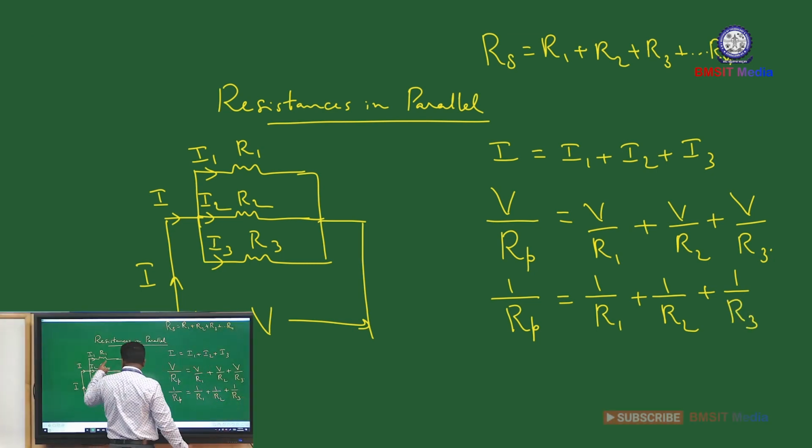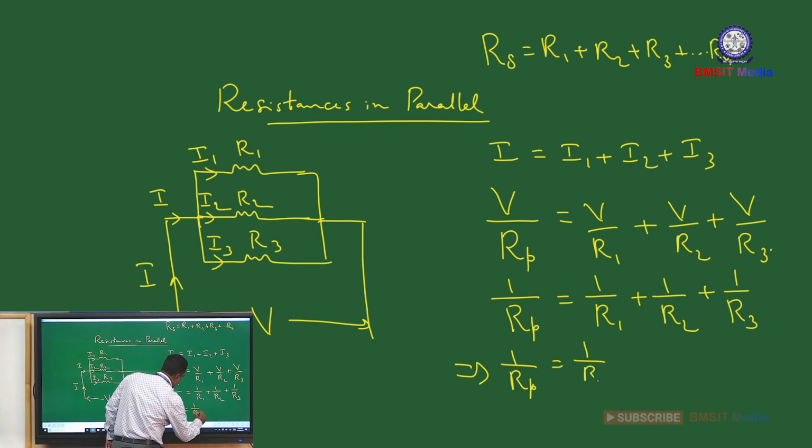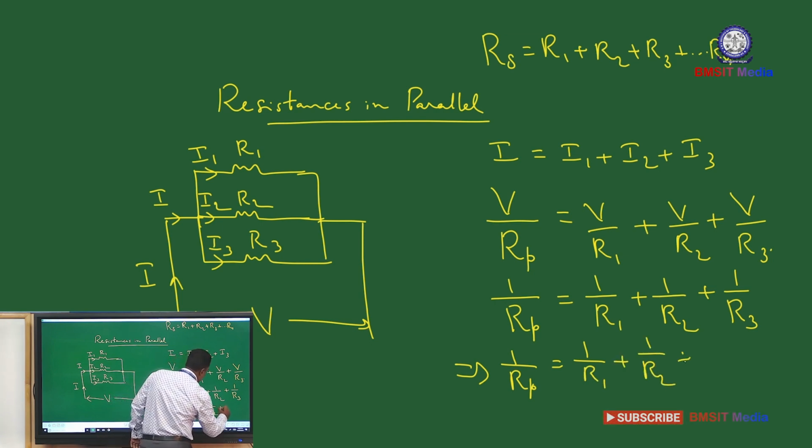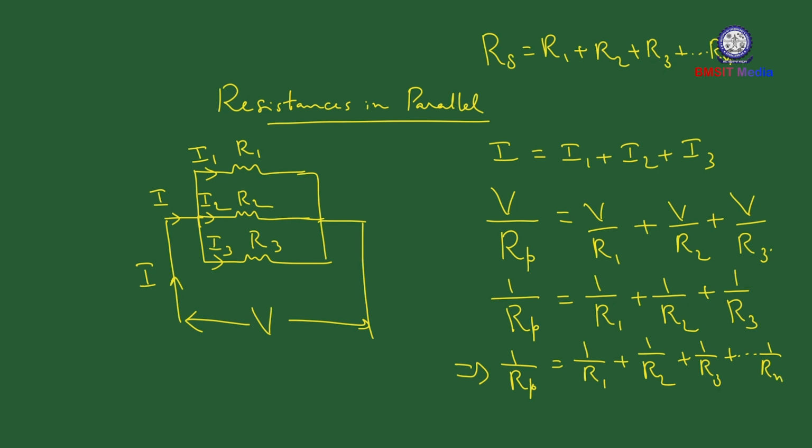If you have n resistances in parallel, in that case you get 1 by Rp is 1 by R1 plus 1 by R2 plus 1 by R3, etc. up to 1 by Rn. So next is branch current rule.